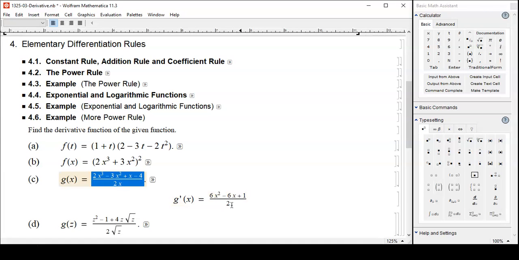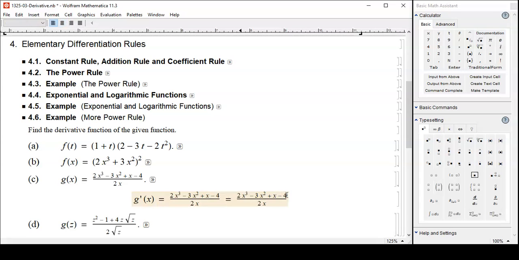Well, there are multiple ways to do it, but my favorite way is to separate the numerators. Like this, separate out all those numerators.